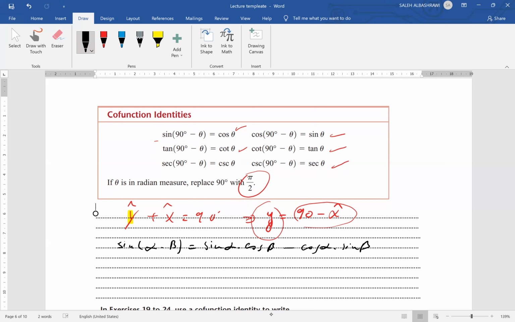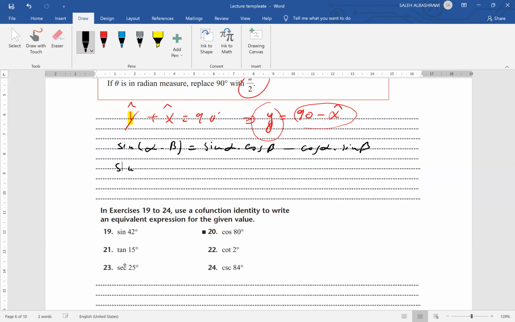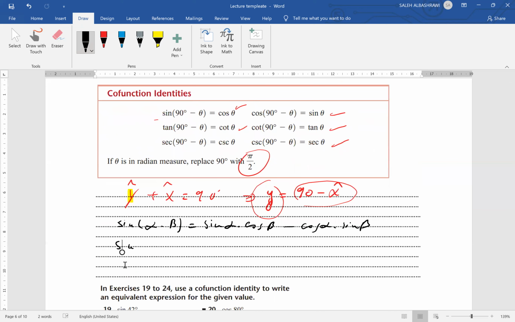So if alpha equals 90 and beta is going to be theta, sine of 90 minus theta can be written as sine 90 multiplied by cosine theta minus cosine 90 multiplied by sine theta.